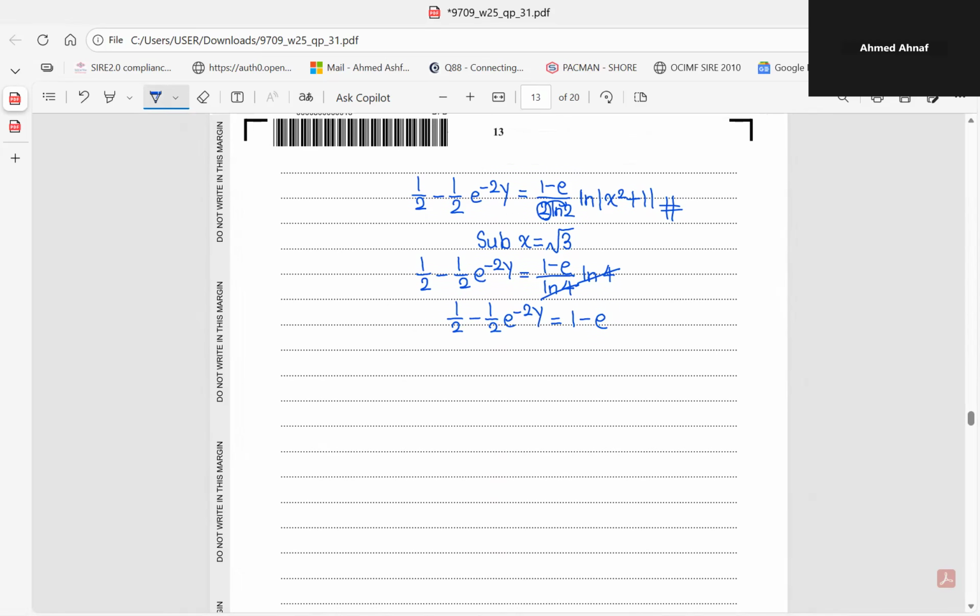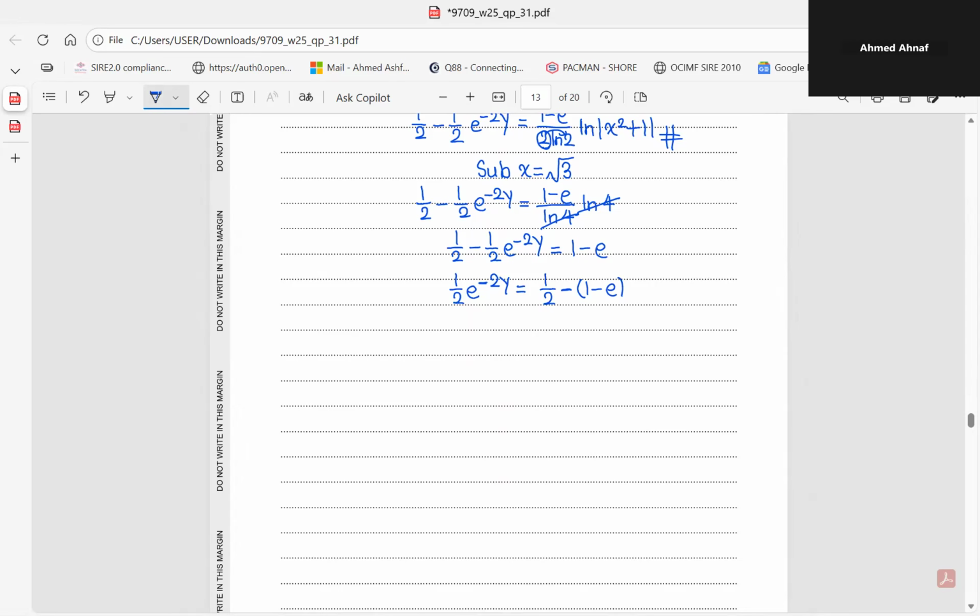And now we're going to isolate the term that has e. So this would just become half times e to the power of negative 2y equals half minus bracket 1 minus e. And now we multiply both sides by 2.